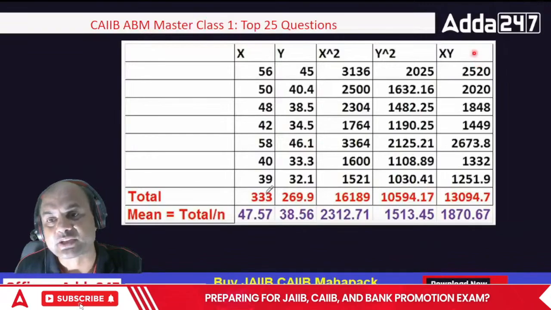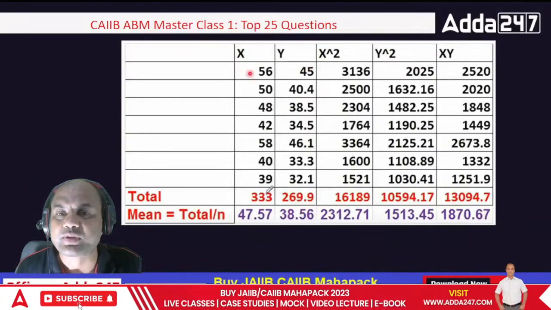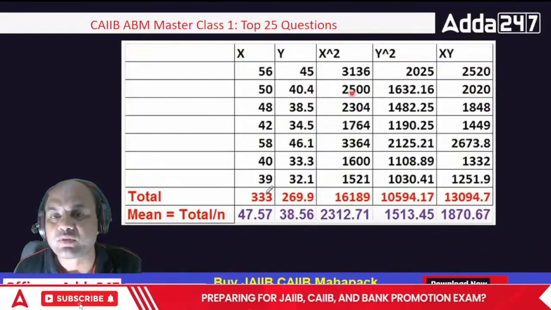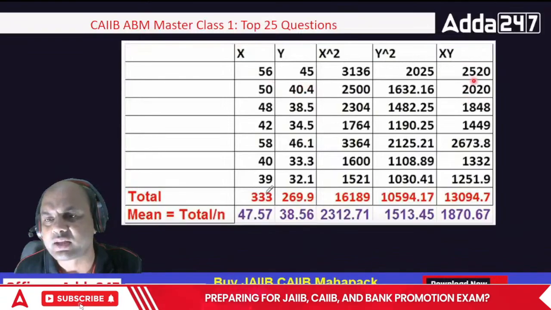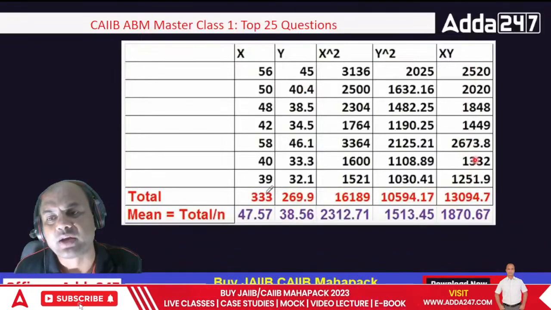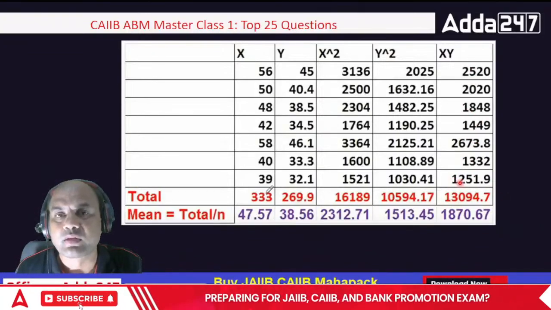And the last part is xy. Xy means just multiply this x with y: 56 into 45 is 2520, 50 into 40.4 is 2020, and you go on. You solve all these and you will get the total of xy as 13094.